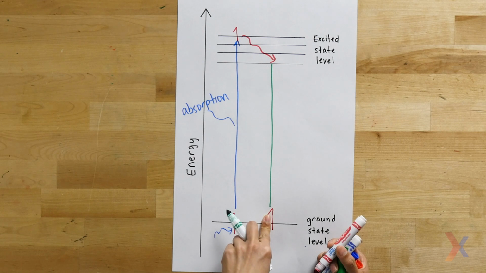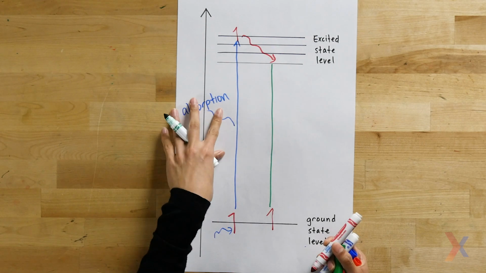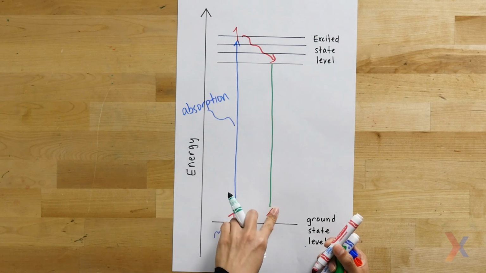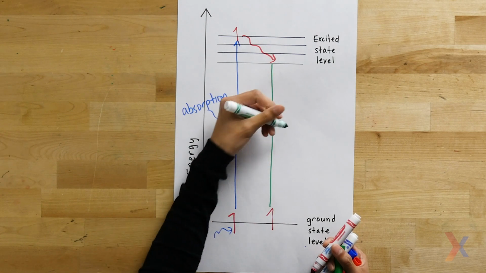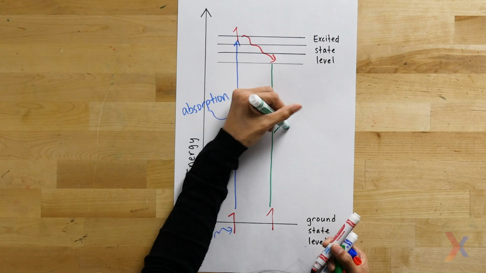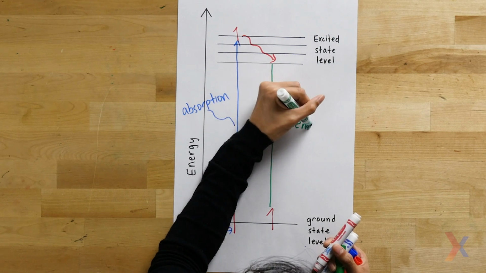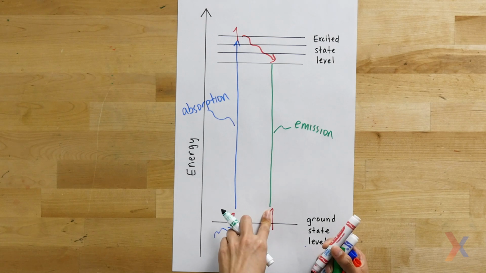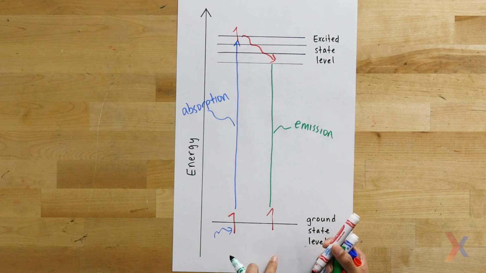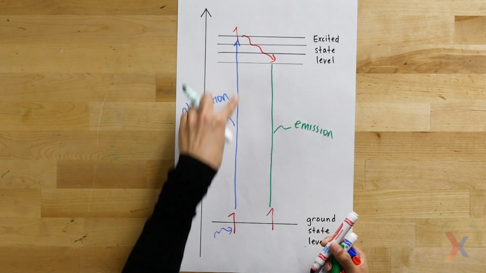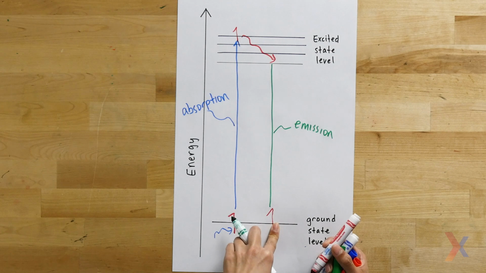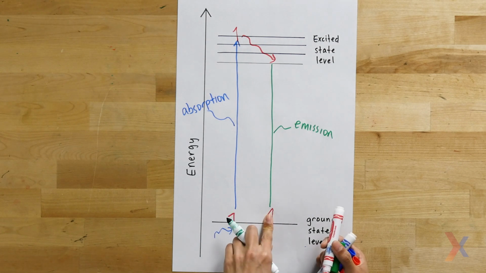In relaxing back down, similar to how we absorbed light earlier to go back up, the opposite is true here, where in order to relax back down, we have to emit a certain light energy. And so this is what we consider emission. This emission here gives us the phenomena of fluorescence. So in the example of the jellyfish we used earlier, the jellyfish absorbs blue light and then emits green light. And that green light is what you end up seeing.